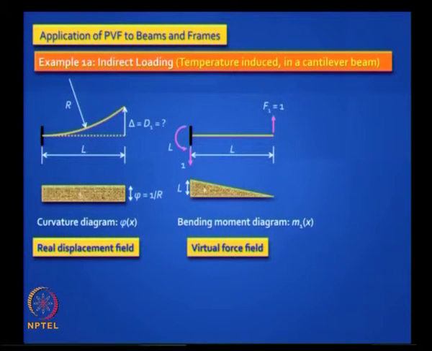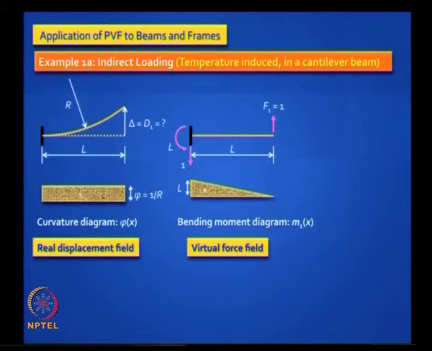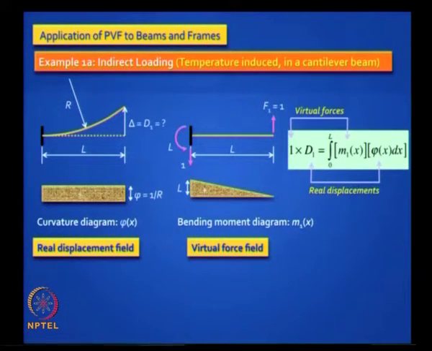So what do you do if you want to know the vertical deflection upward? You put a unit load exactly where you want the deflection, draw the bending moment diagram, and we use the notation small m just as we used small n earlier. Small m_j means bending moment at the location x due to F_j equal to 1, and this diagram is very easy to construct. And then you invoke the principle of virtual work.